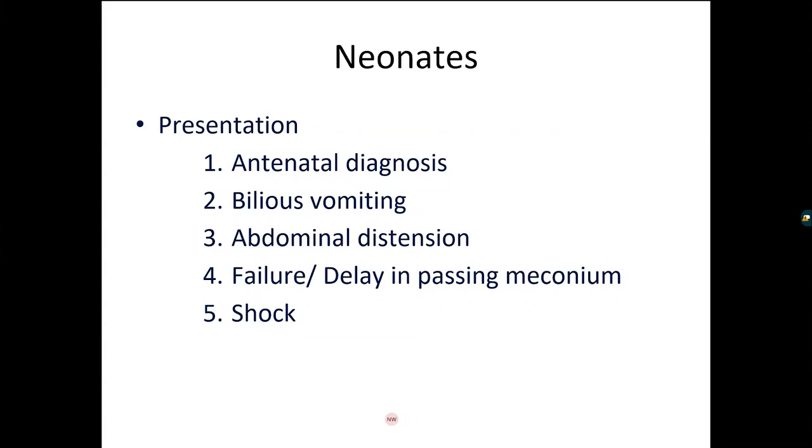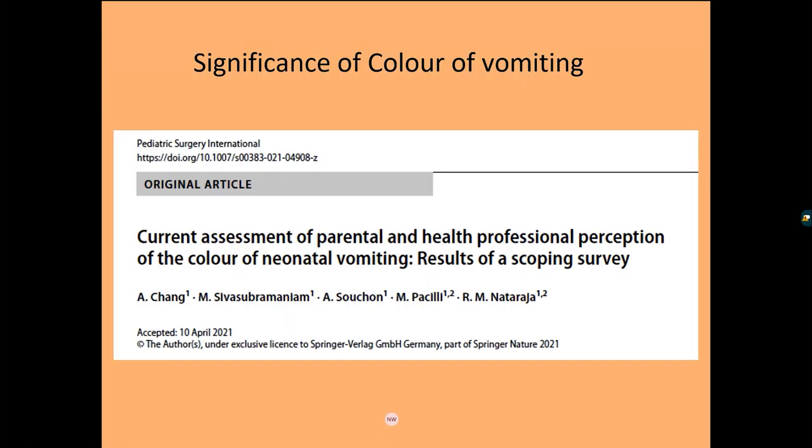Very rarely, the newborn can present with shock as the sole presentation, which could be due to intestinal obstruction. So, as I told you before, the three cardinal features of intestinal obstruction in newborns are bilious vomiting, abdominal distension, and failure or delay in passing meconium.